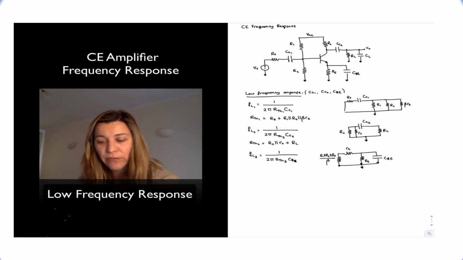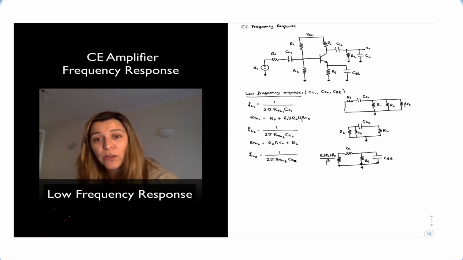That's just the inverse reflection rule. And the overall resistance is going to be R1 connected to VCC, which is an AC ground, so it's in parallel with R2, which is connected to ground. And then again, I'm going to assume that all the other coupling capacitors and bypass capacitors in my circuit are shorted because I'm calculating the effect of CBE only.